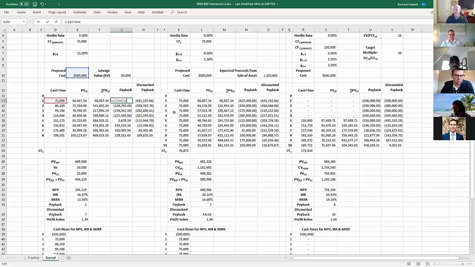I get 75 back in cash flow, so I'm still at a negative 425. I'm going to add 86,250 to it. Then at the end of year 5, I've added the next 131, which is for the entire year, right? So by the end of year 5, I have turned positive.